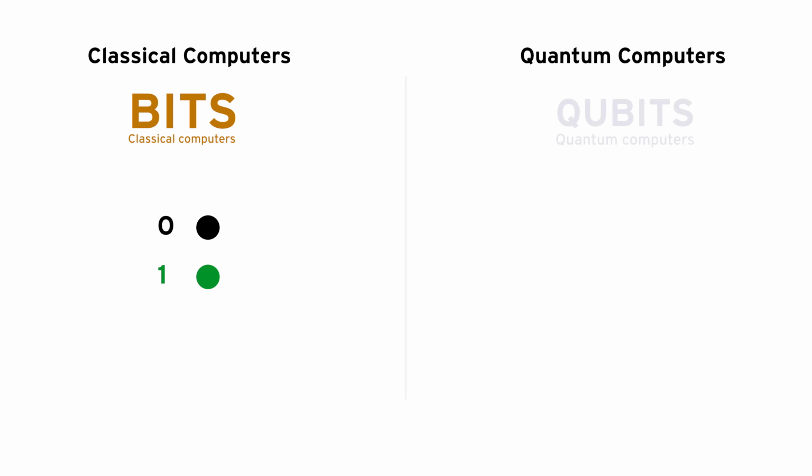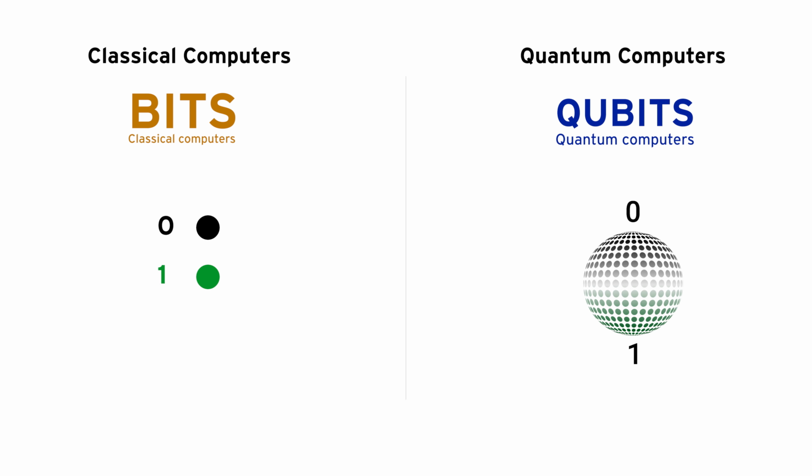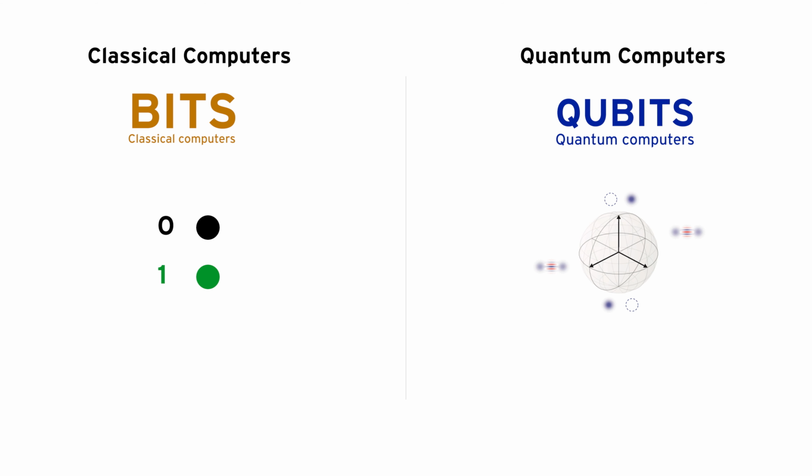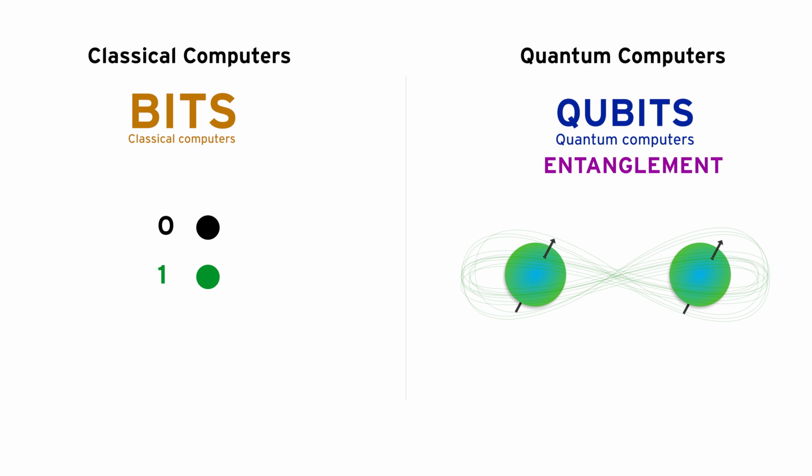Well, quantum computers use qubits, which can represent both 0 and 1 at the same time. Thanks to the principle of superposition, it's like having a light switch that can be both on and off at the same time. This means that quantum computers can process vast amounts of data in parallel, making them incredibly powerful. Another fundamental principle of quantum computing is entanglement, which allows two or more qubits to be connected in such a way that their states become correlated.